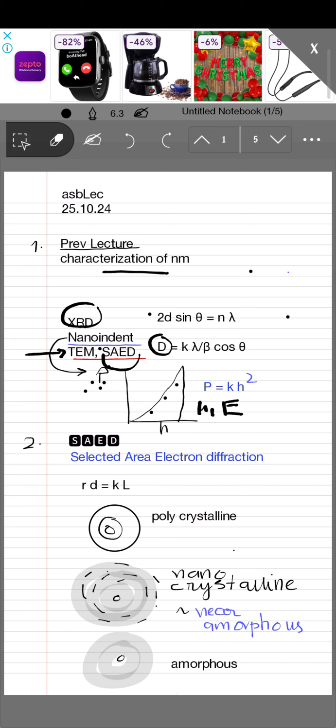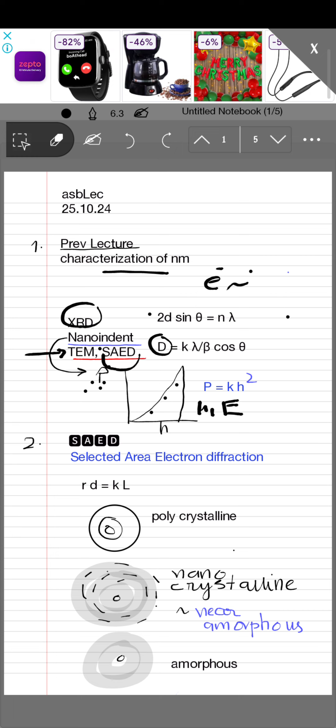the SAED pattern analysis. Now the reason why electrons are used to see the microstructure of very small material or nanomaterial is simply because the electron has a low wavelength.